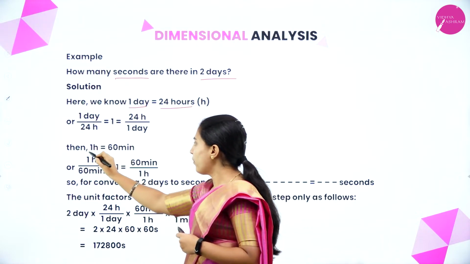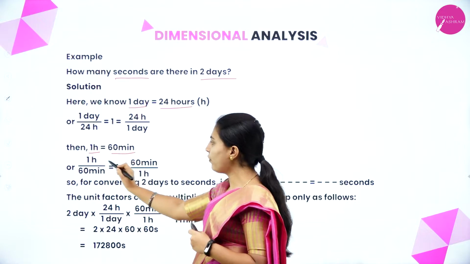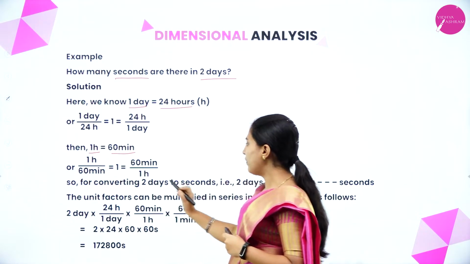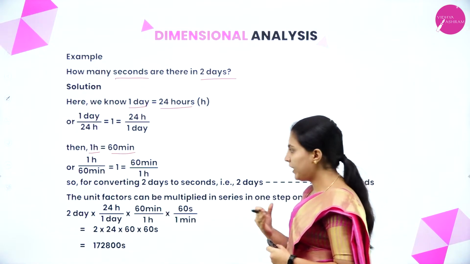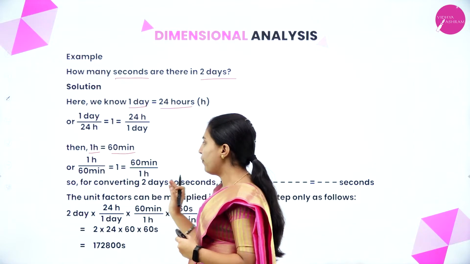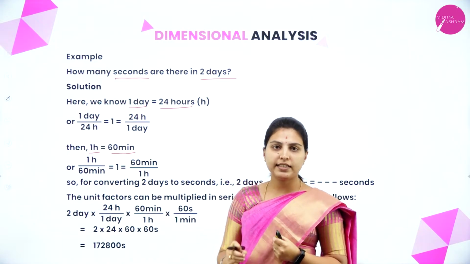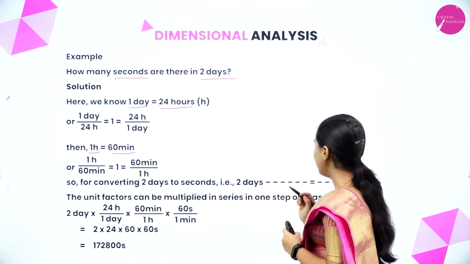Then for 1 hour, there are 60 minutes, or 60 minutes in 1 hour. To convert 2 days to seconds, you have to convert completely. We know 1 day means 24 hours and 1 hour means 60 minutes. By taking all the factors, you do it in one step.